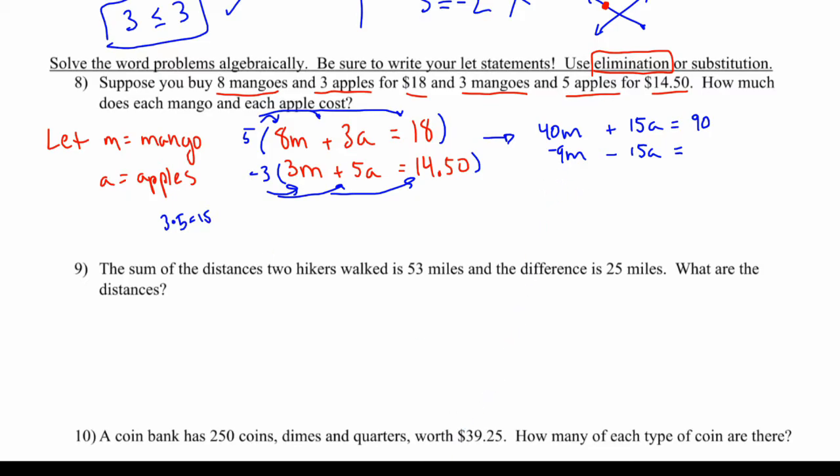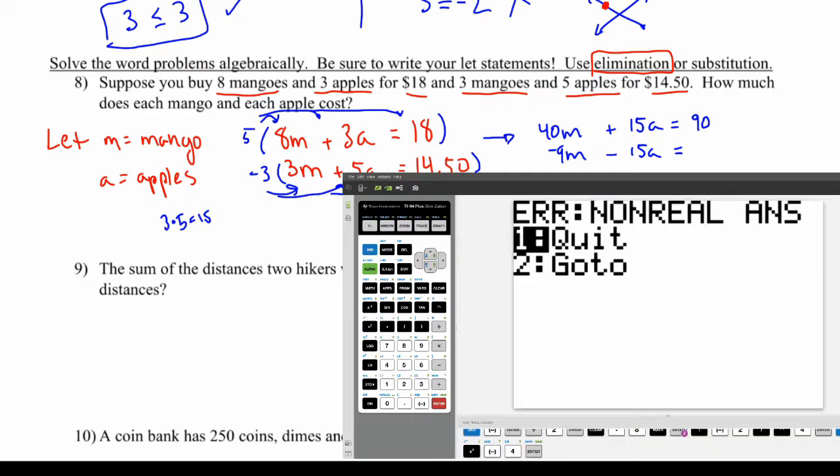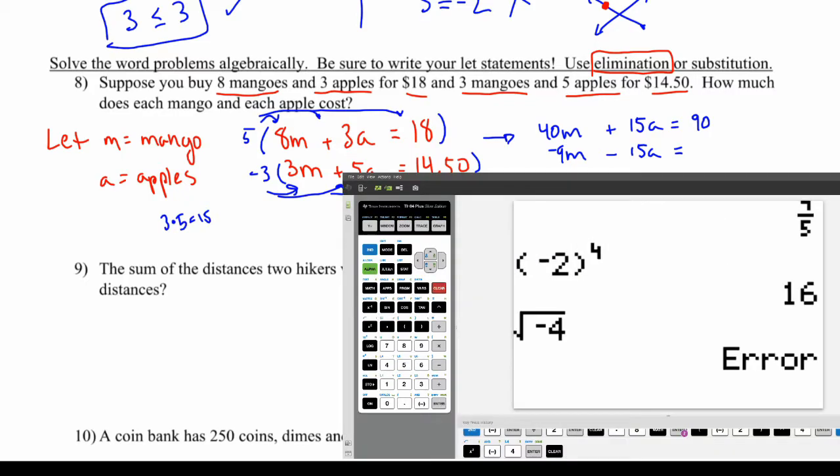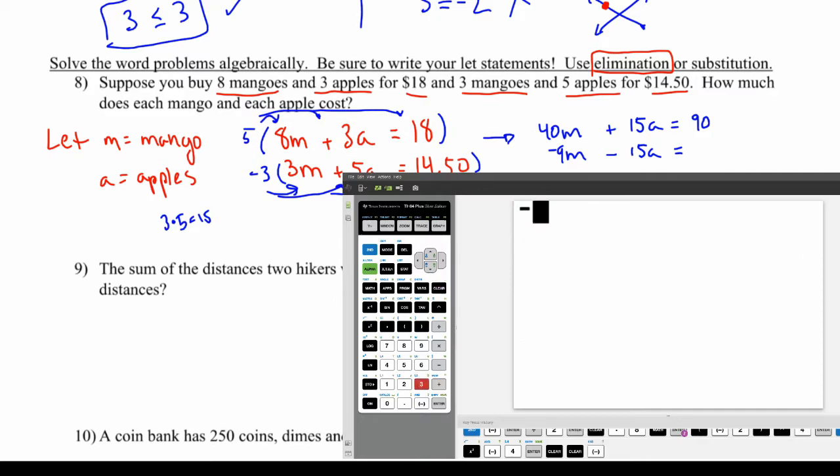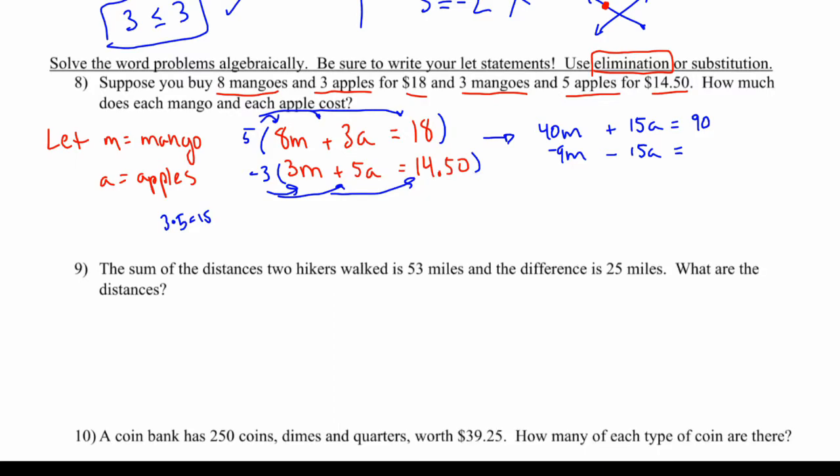Let's use our calculator real quick. So we'll do negative 3 times 14.5. Negative 43.5. Okay.